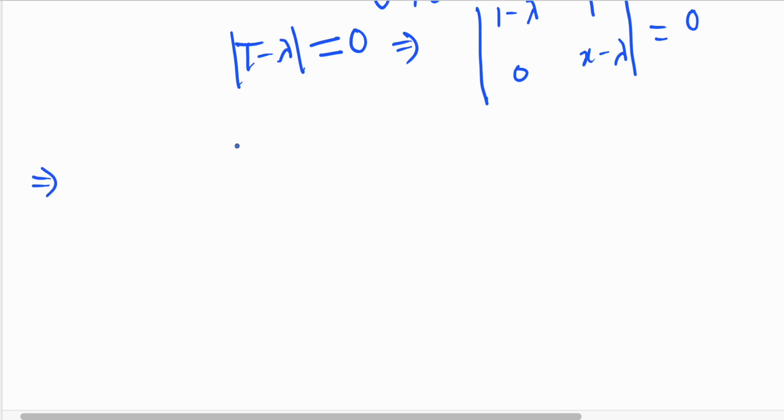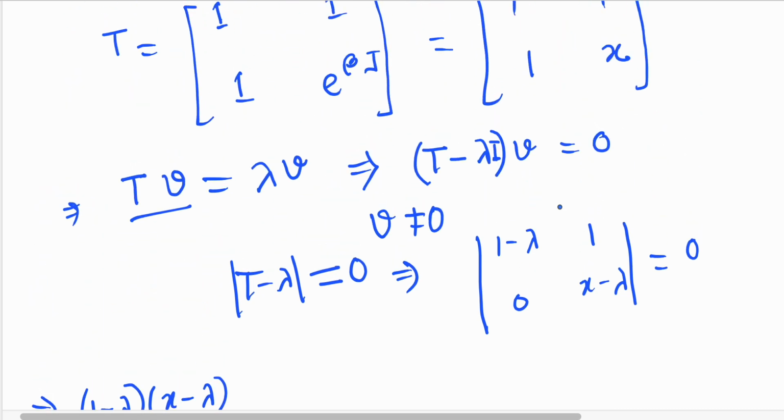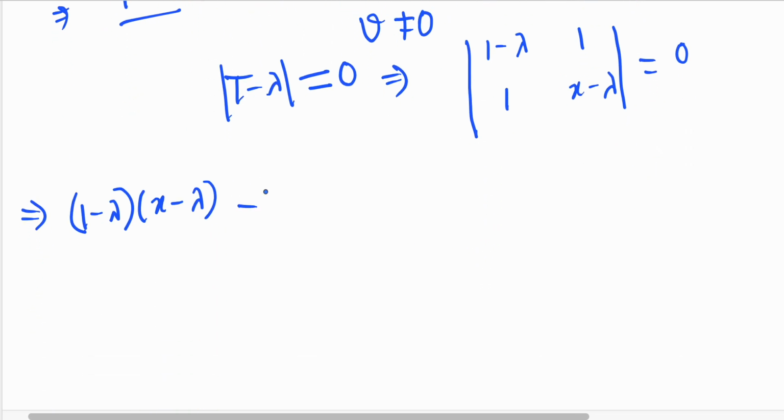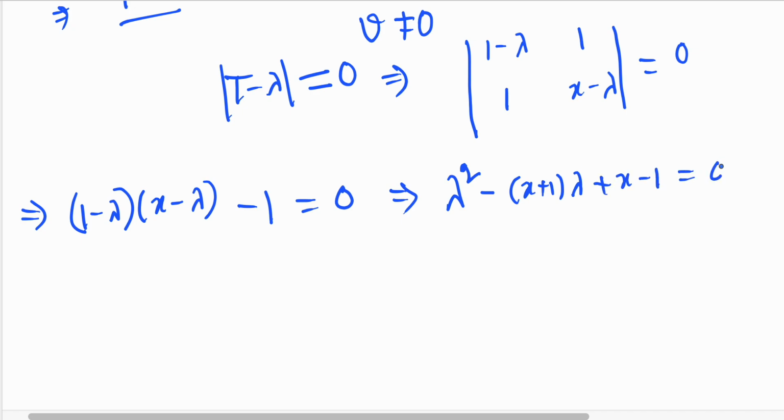So this becomes (1 minus lambda) times (x minus lambda) minus 1 equal to 0.